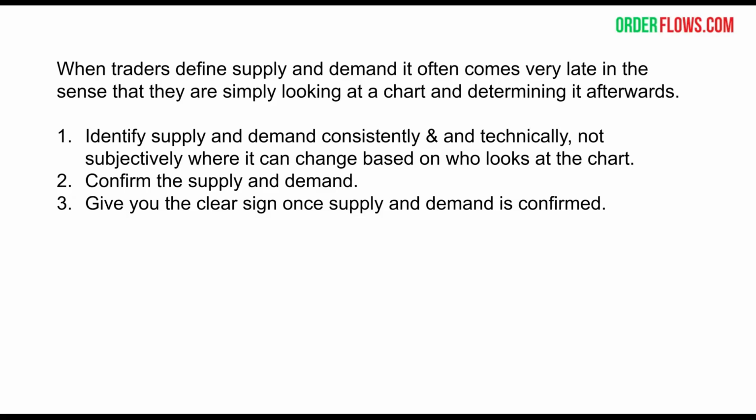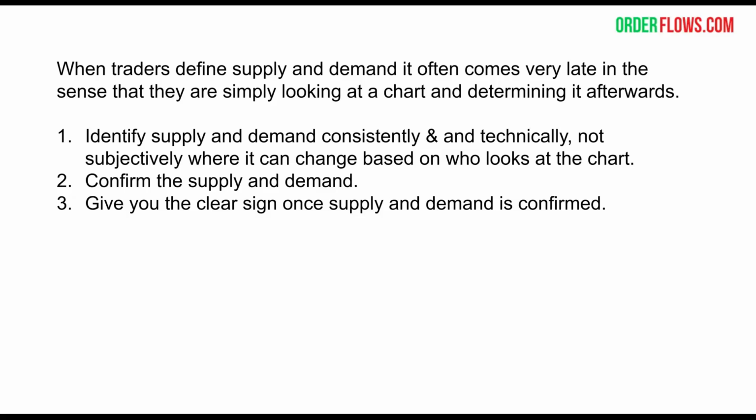And again, the Orderflows Algo is based on supply and demand, but mixed in with order flow. That's not going to change, right? It's fixed. That's the one nice thing about having to program the way you look at the market.